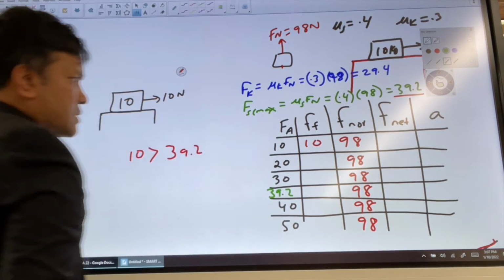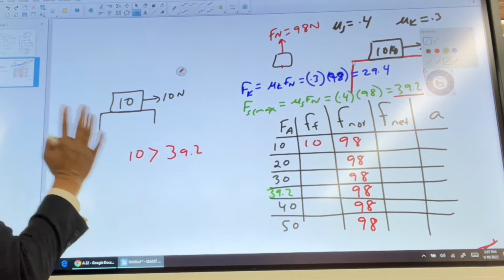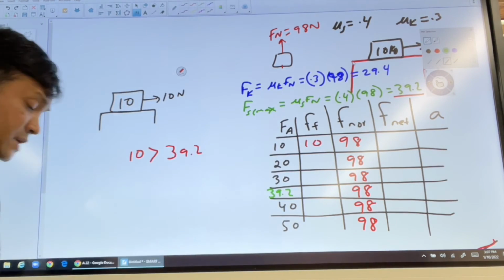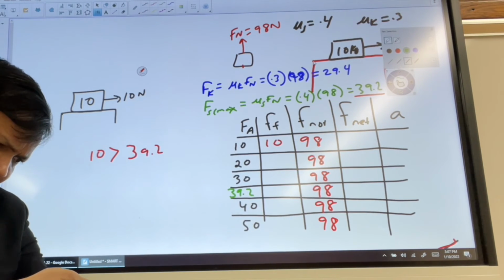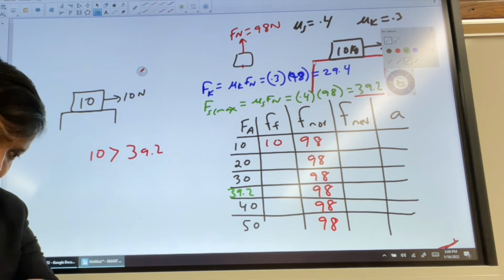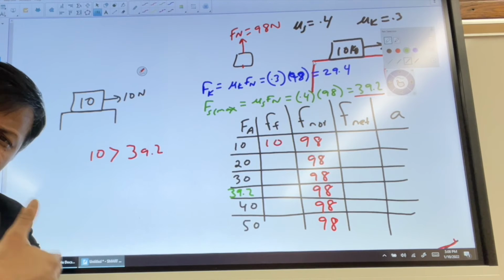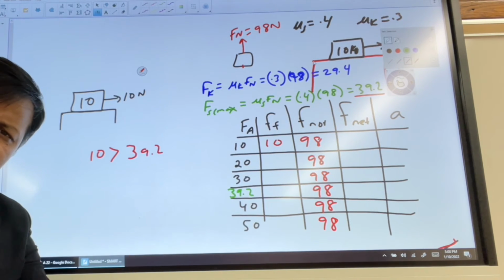So if you apply 10 newton, what happens to the force of friction? Take the calculator over here, and you apply 10 newton. The moment you apply 10 newton, the ground will apply the same 10 newton, equal in magnitude but opposite in direction, to keep the calculator at rest.